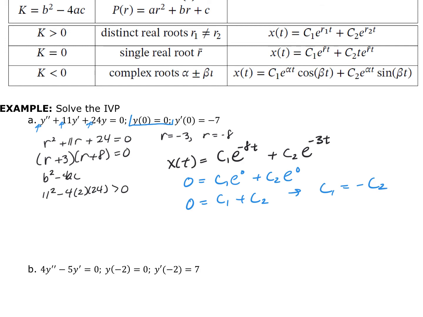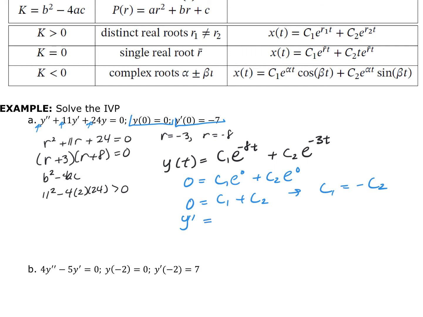Now I'm going to use my second initial condition. So I'm going to take the derivative of my x sub t, or actually I should have y of t, excuse me. These are y of t because my variable was y, so I should stay consistent.